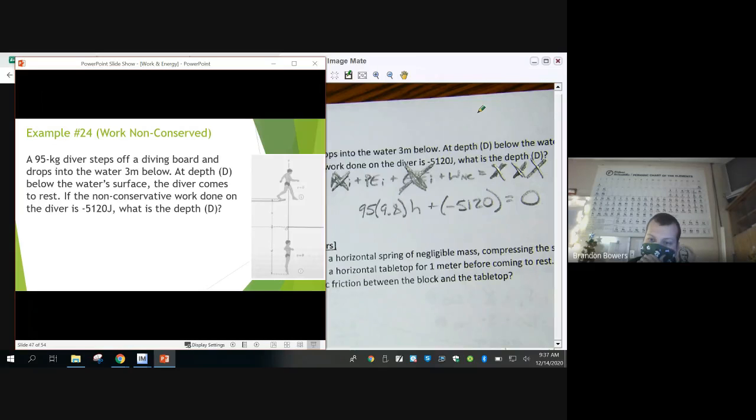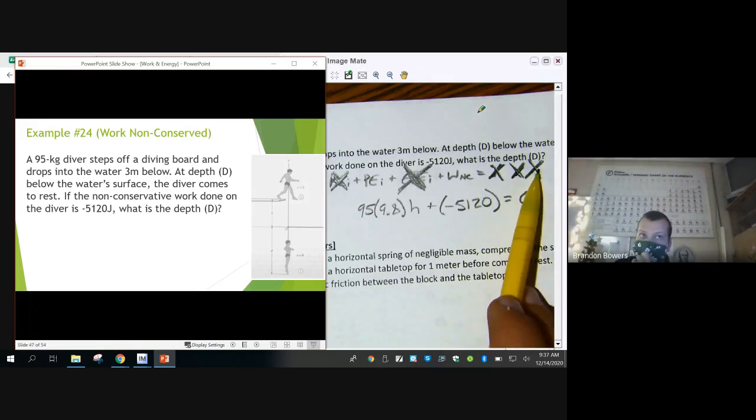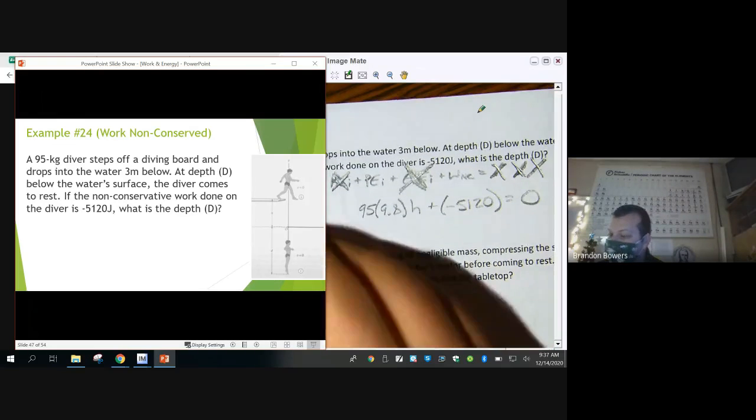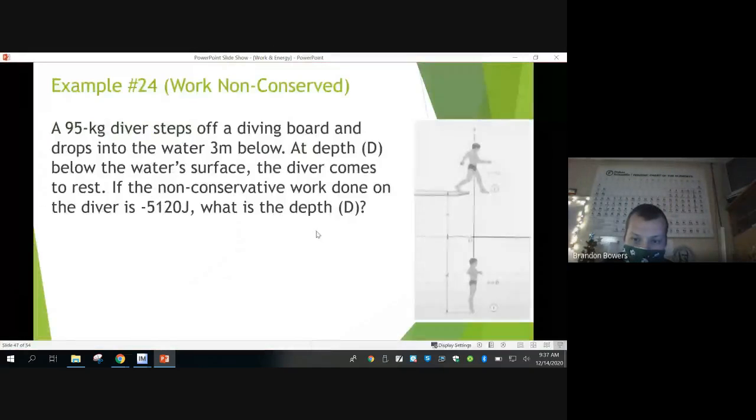Negative 2,327 is not 0. We already established 0. Over here there's no kinetic, no potential, no elastic potential. You already have height though. The height above the water, we're trying to find depth D, the depth below water.